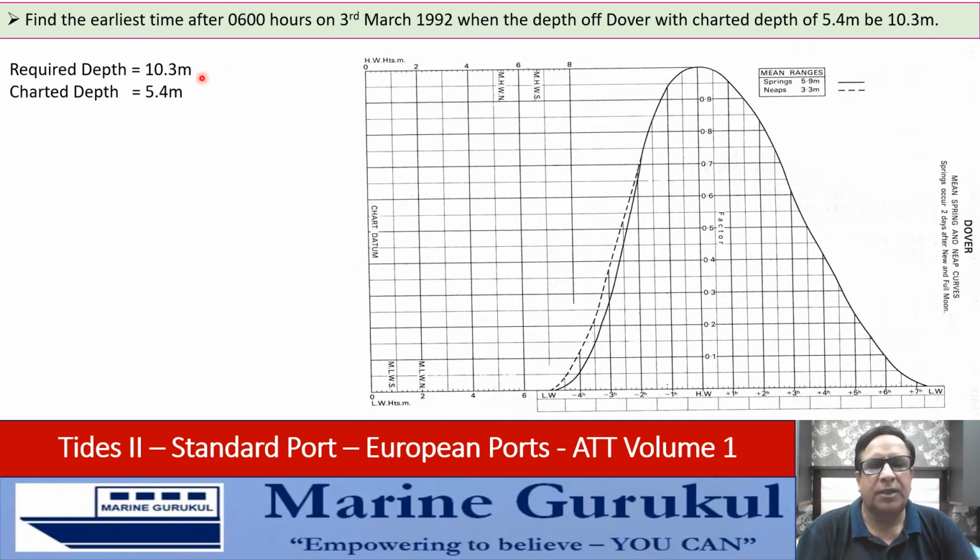So what shall make up the difference between the charted depth and the required depth? The differential will have to be made up by the height of tide. So to achieve a depth of 10.3 meters, we shall require a height of tide of 4.9 meters.